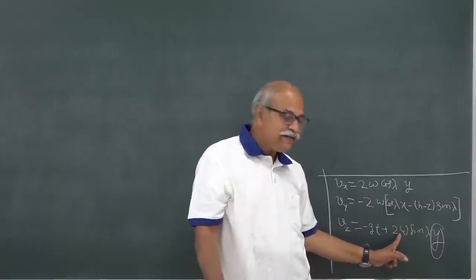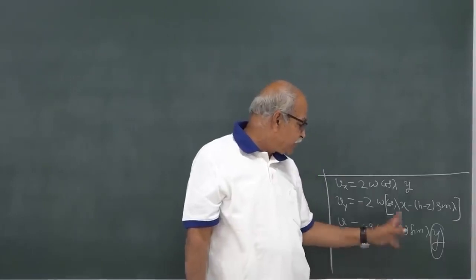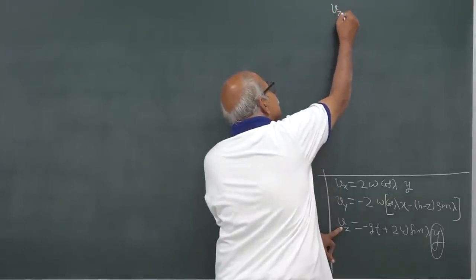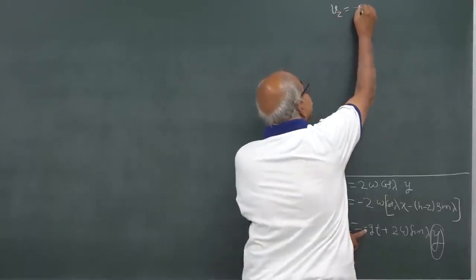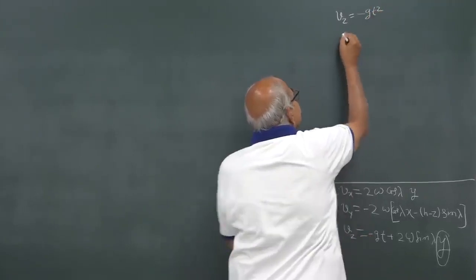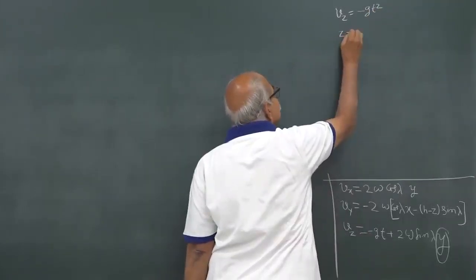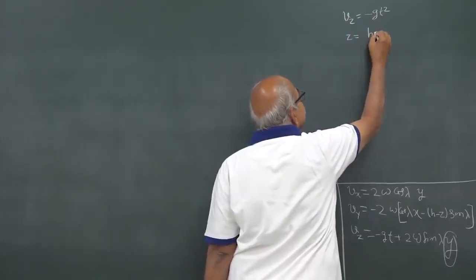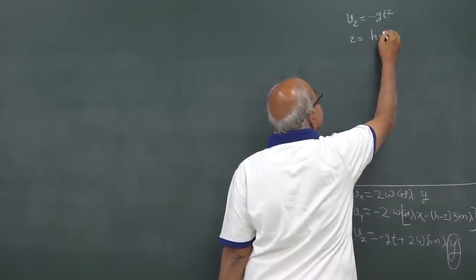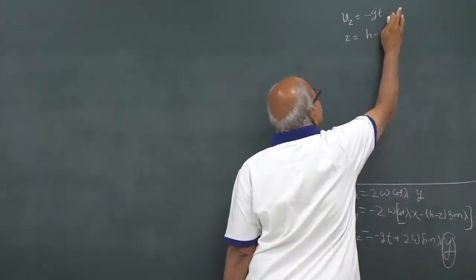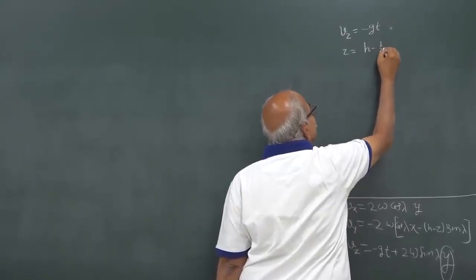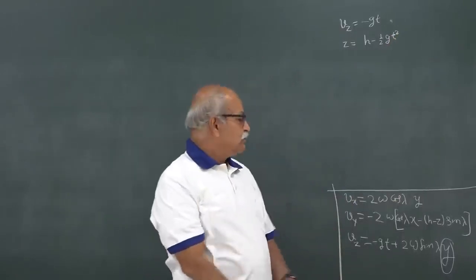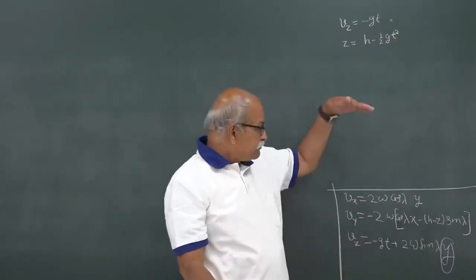Consistently from the very beginning we are neglecting the omega square term and retaining the omega term, and therefore let us rewrite Vz. What is Vz? Vz is just minus Gt, and therefore z is equal to h minus half Gt square, our usual equation, because if I am neglecting this, it is just a simple fall.